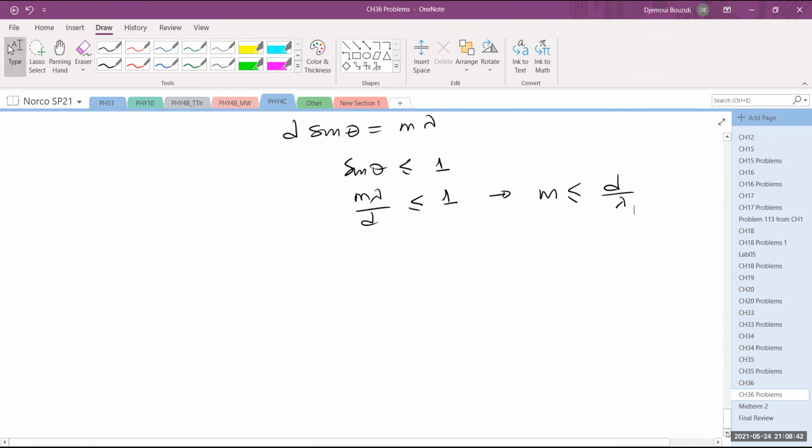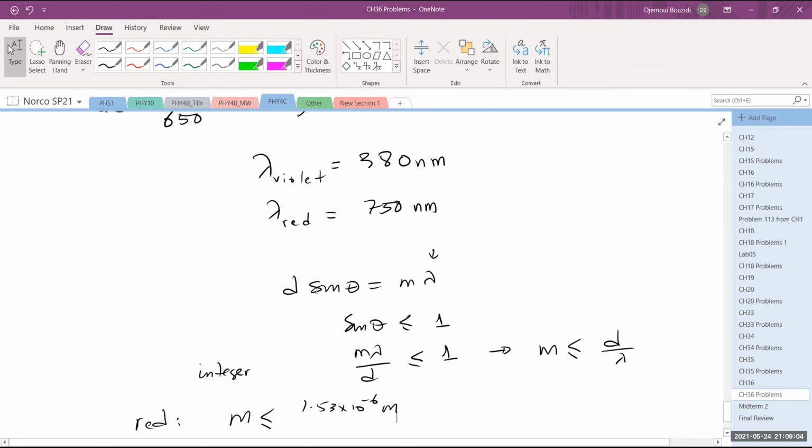Let's start with red. m must be less than or equal to d over lambda, and m is an integer, it's not a real number. And how much is d? It's 1.53 times 10 to the negative 6 meters.